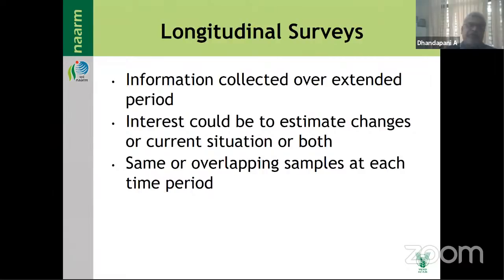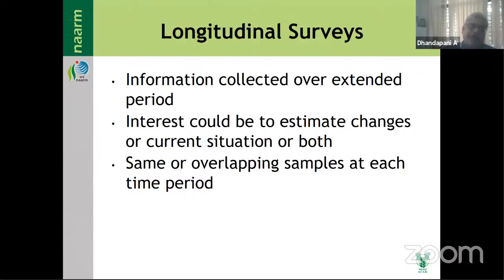These longitudinal surveys are very common in the health sector and education sector. The reason is that they would like to see what is happening over time. For example, there are surveys which track students from their high school to, say, 20 or 25 years later, till they pass out, or till they come into society.